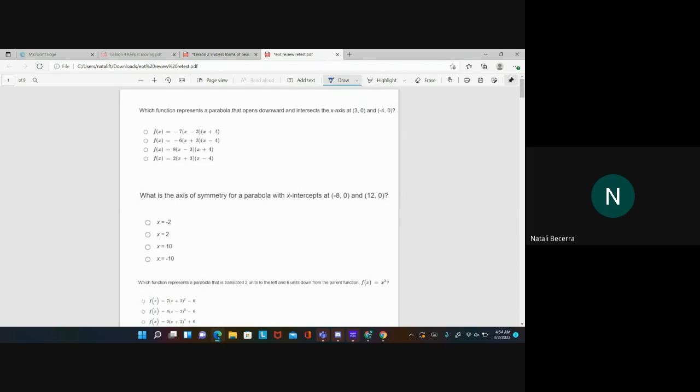It says, which function represents a parabola that opens downward and intersects the x-axis at (3, 0) and (-4, 0)? A key word here is opens downward. Whenever you see opens downward, that means that your A is negative, if you forgot what the A is in front of the parentheses.